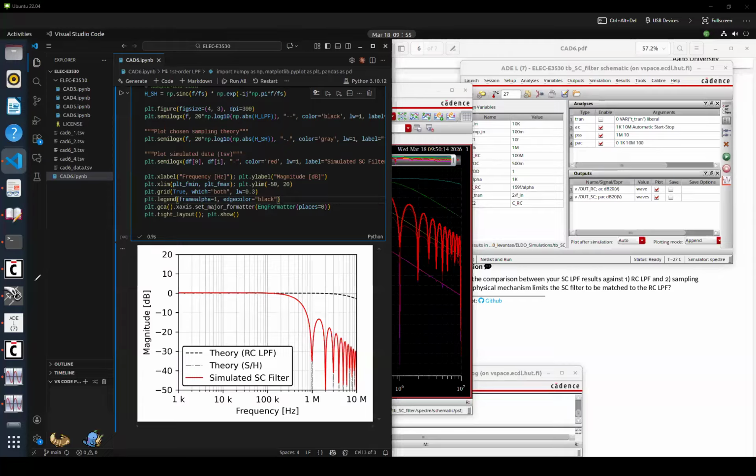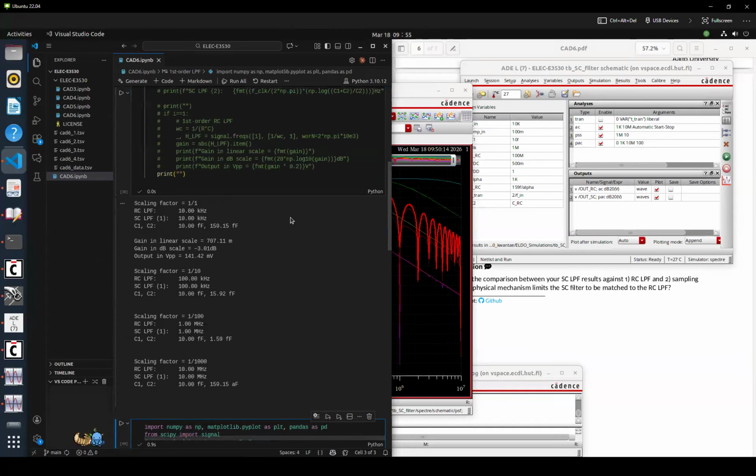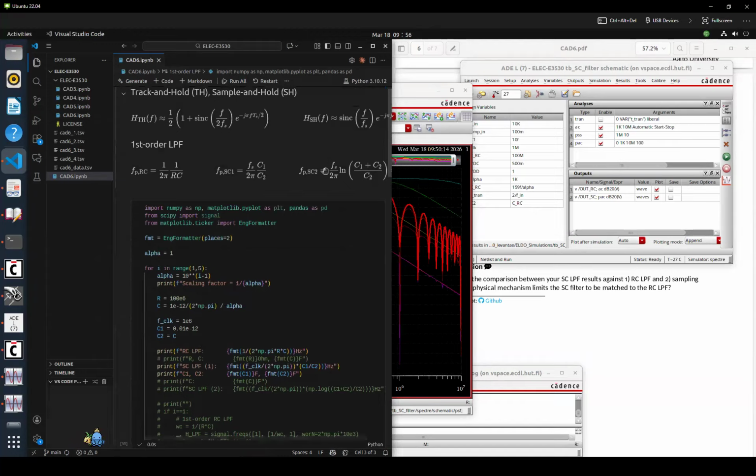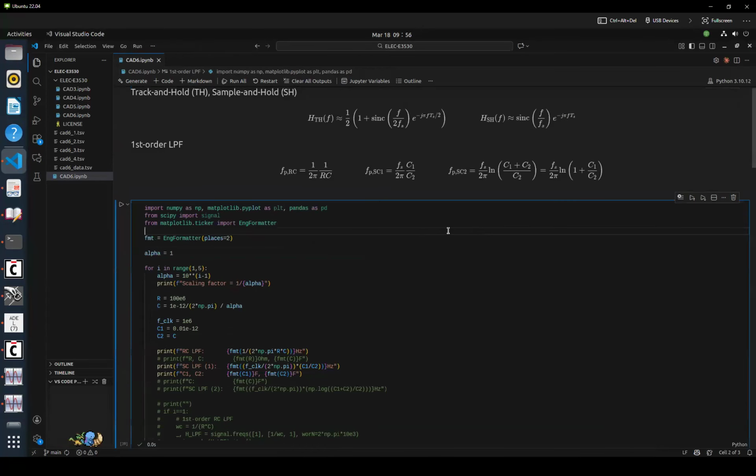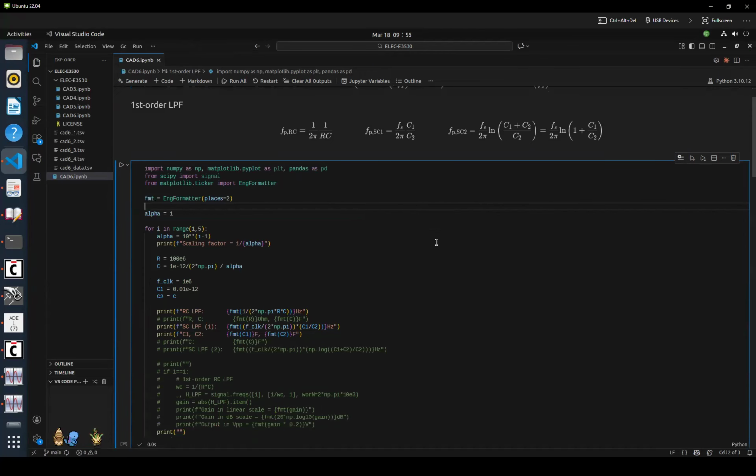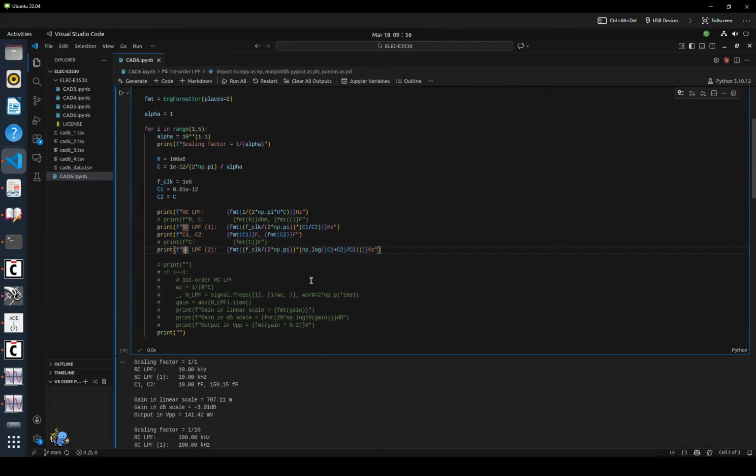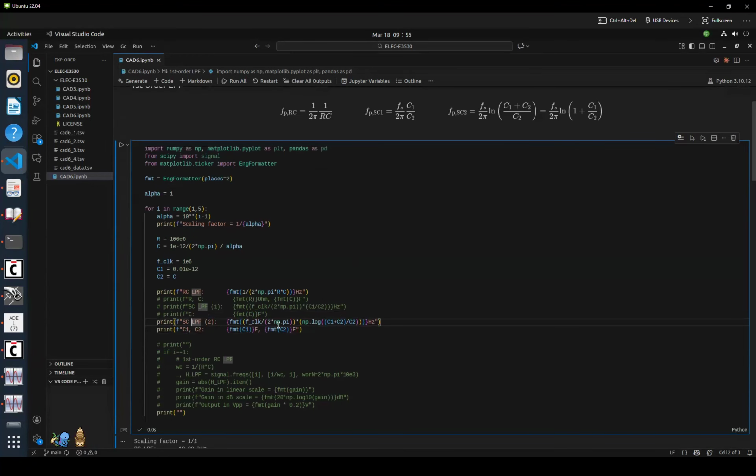And since we have 5 minutes left, let me also go through the switched-cap filter equation of this one, the last one that we analyzed in terms of Z domain. So here I have collected SC low pass filter 2, and let me comment out low pass filter 1.